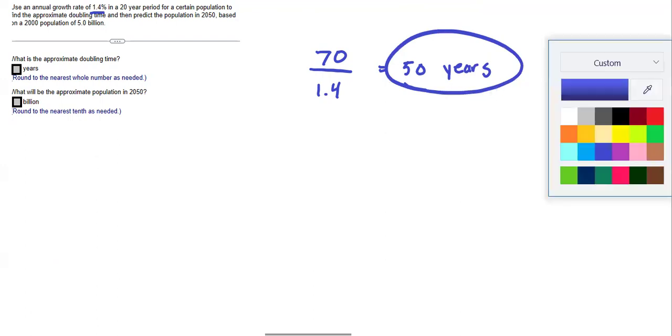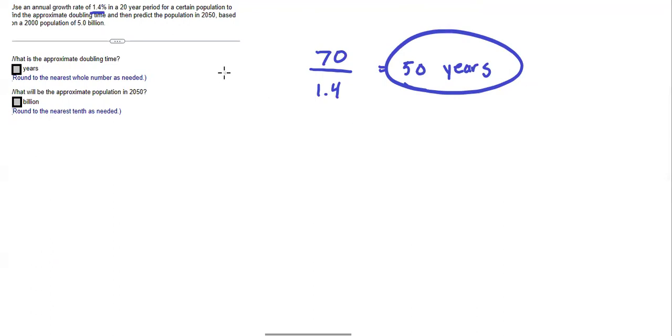So now they want us to use this information to approximate what the population would be in 2050 if the population in the year 2000 was 5 billion. Lots of times when I see the word billion or million written out, I like to write out the whole number. But I do notice that after the answer box right here, they have the word billion.